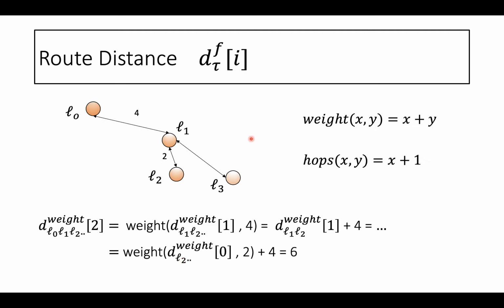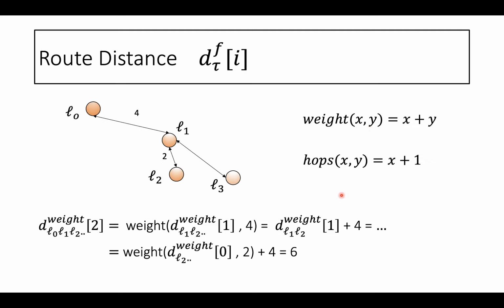Let's see two examples of this function f that we can see here. One is the weight, which is just the sum of the inputs. So this corresponds to summing the value of the label of the weight in each edge.